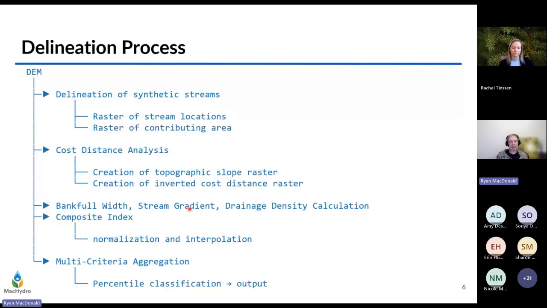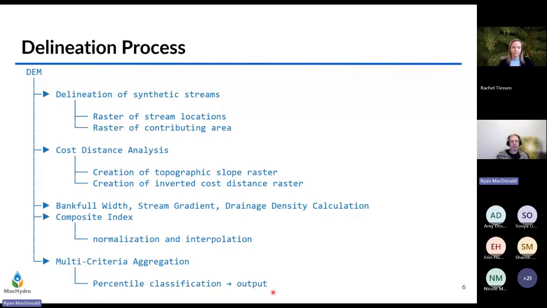So these three variables, combined with contributing area and this cost surface, ultimately provide us with the framework to build this riparian area. So we developed this index, which is normalized. We normalized it to have the same numbers that we're looking at across all of our areas.